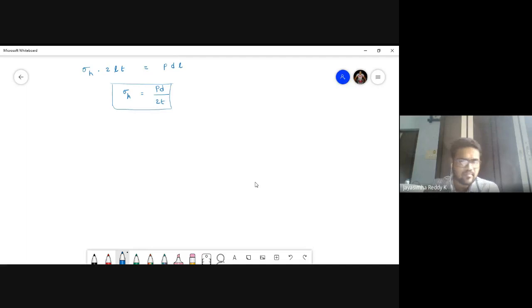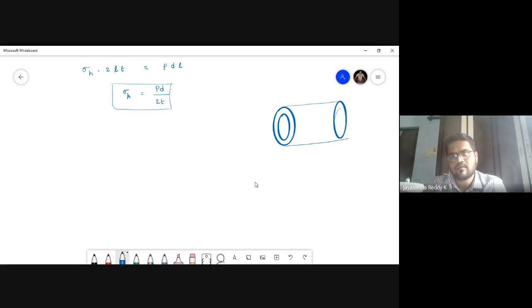See, longitudinal stress: if you assume a cylinder like this, the pressure will be moving in this direction.